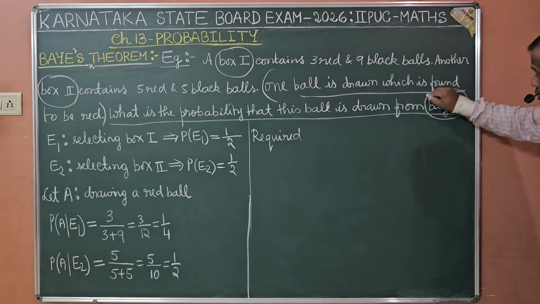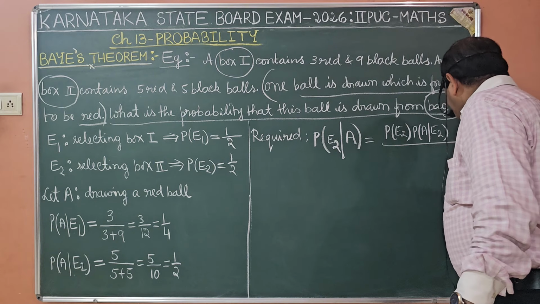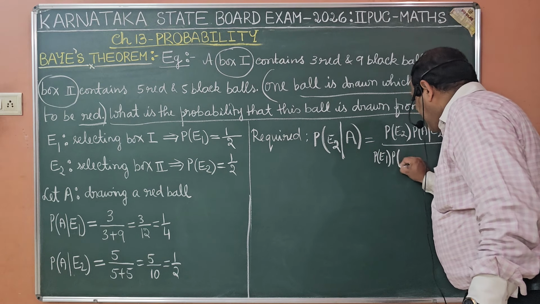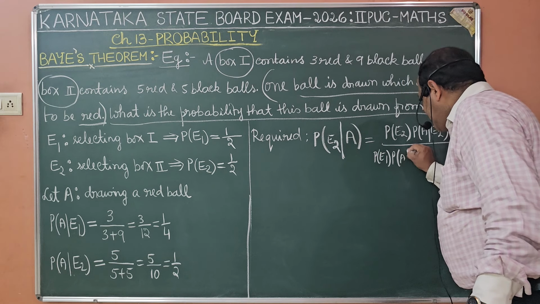And what is the formula I had given previously? The formula is P of E2 into P of A given E2, divided by the total: P of E1 into P of A given E1 plus P of E2 into P of A given E2. Now I will substitute.